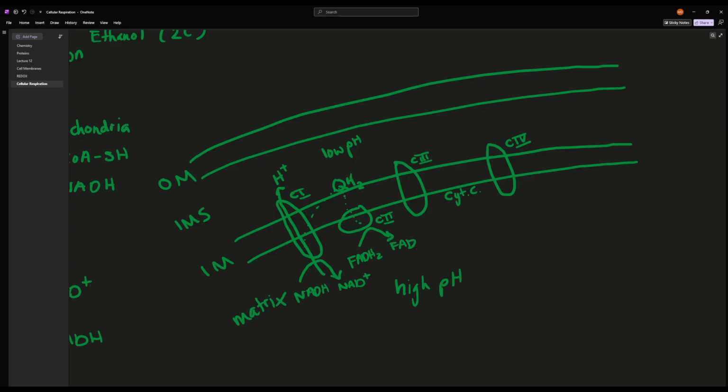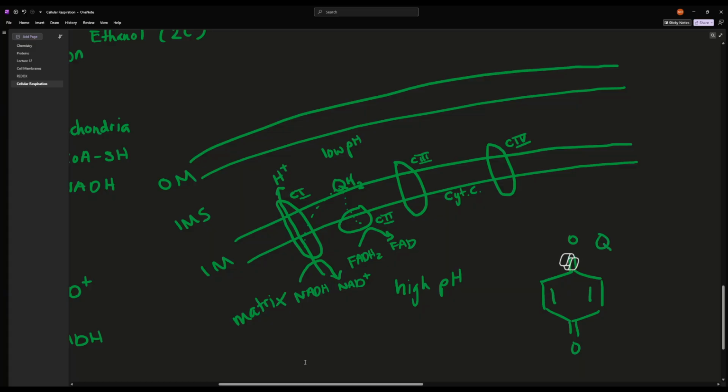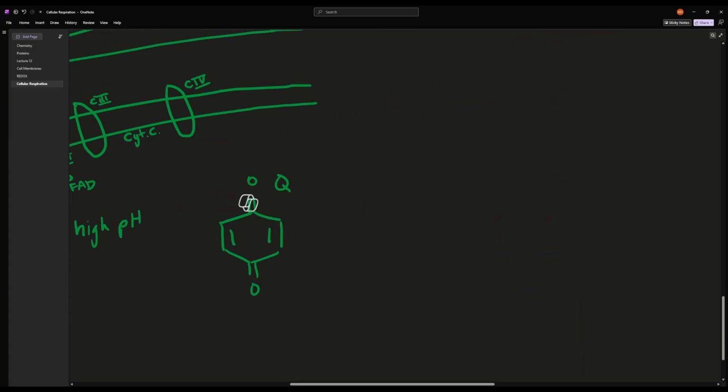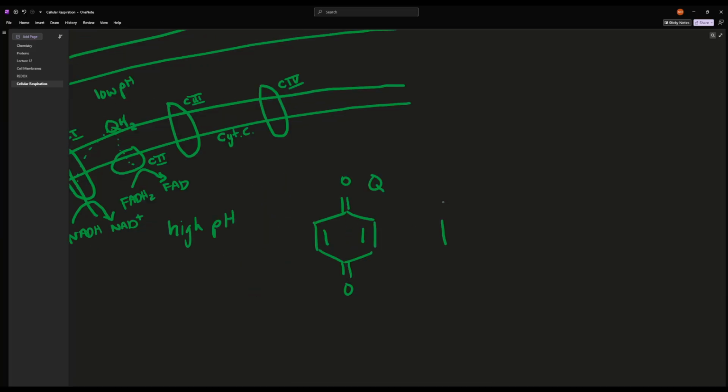If you're curious, it's also called quinone when it's just Q, and quinol when it is reduced. This here is Q. And then if you add in 2 electrons and 2 protons, you end up with QH2, quinol.